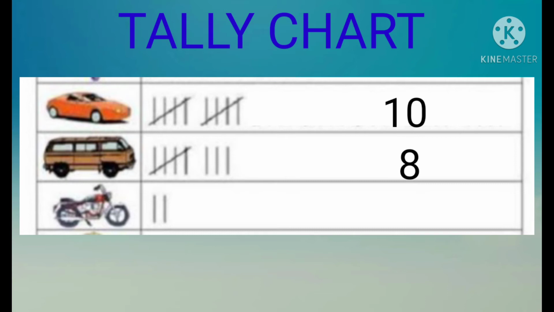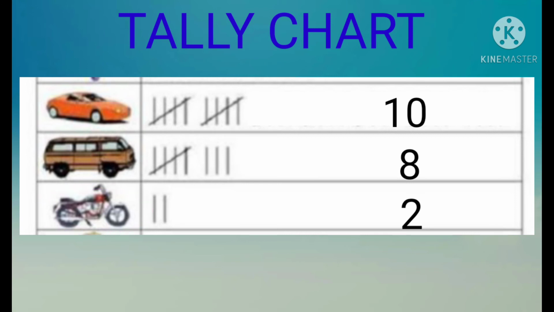And the number of scooters is equal to 2. Now let us answer some of the questions related to the tally chart given. Now, which vehicle is more in number? Yes, it is the car. Which is the least vehicle that passed by? Yes, the motorbike.